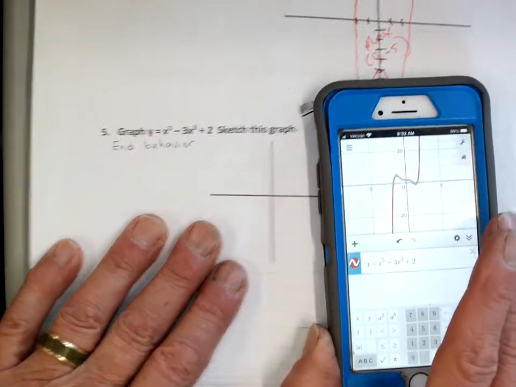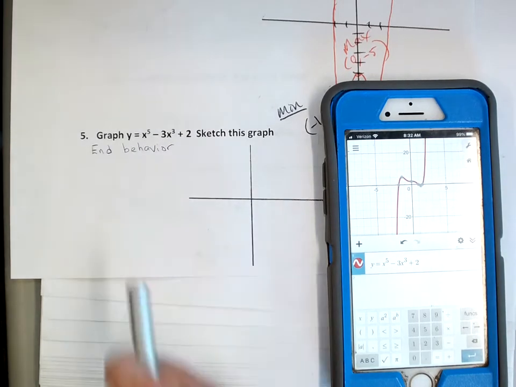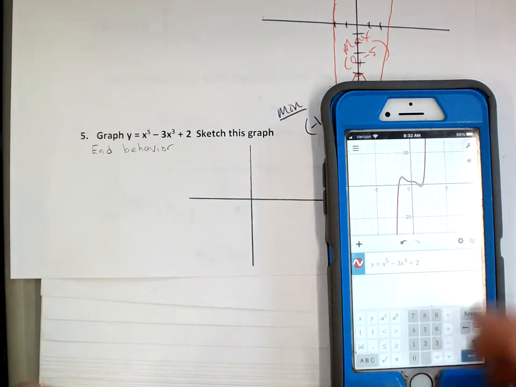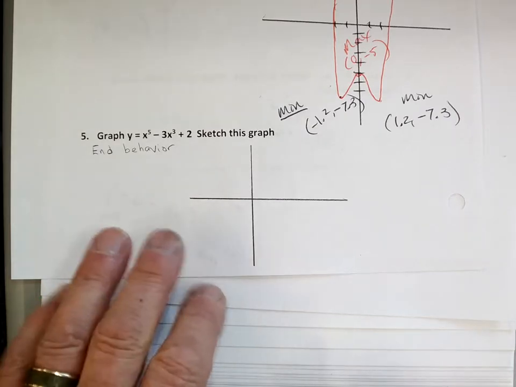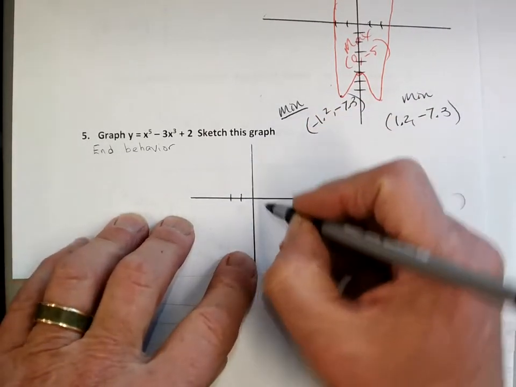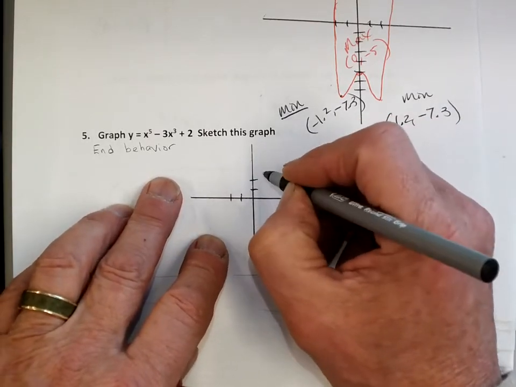All right. Well, look at that weird graph. It's got all sorts of bumps and stuff in it, doesn't it? Every time I add a term, it gets more bumpy. So this one looks like this. I don't have to have it perfect, because I'm only looking at end behavior, but it looks like negative 1, 2, and this is at 2.